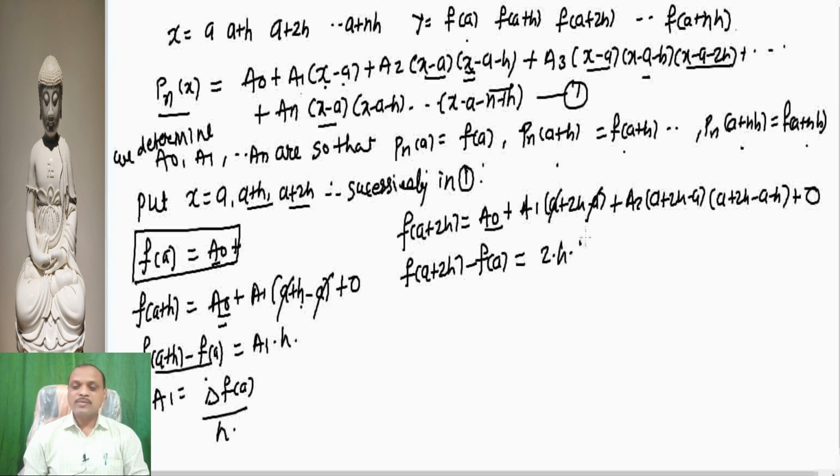Let us put the value of a1, this is delta f of a divided by h and h will be cancelled. Now here a2 into 2h, and a get cancelled, 2h minus h, this will be h.